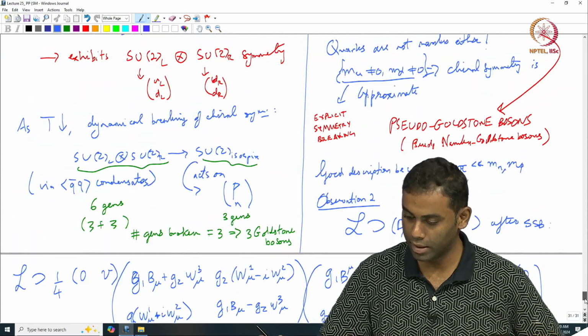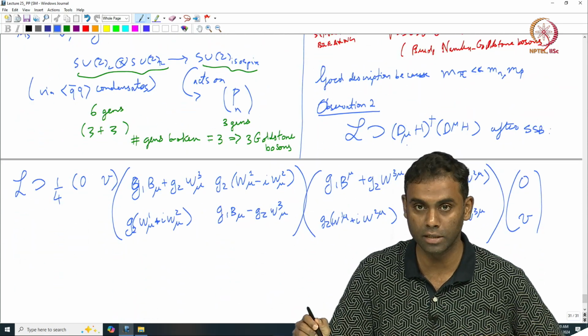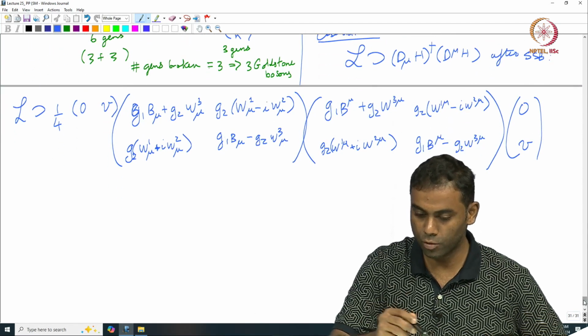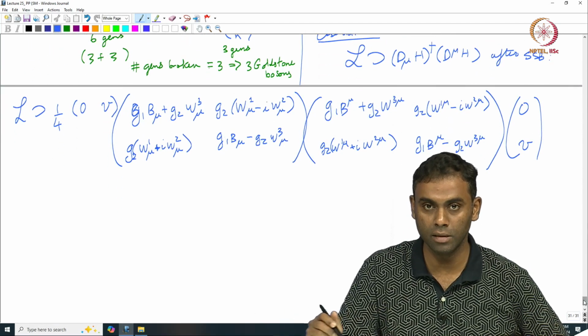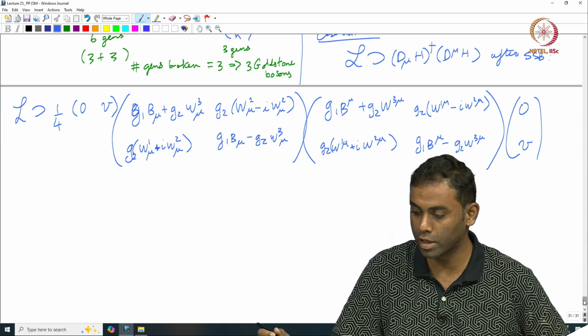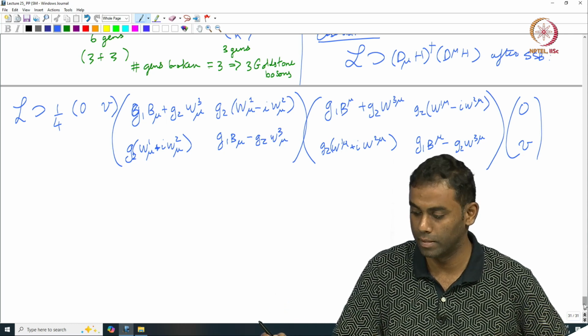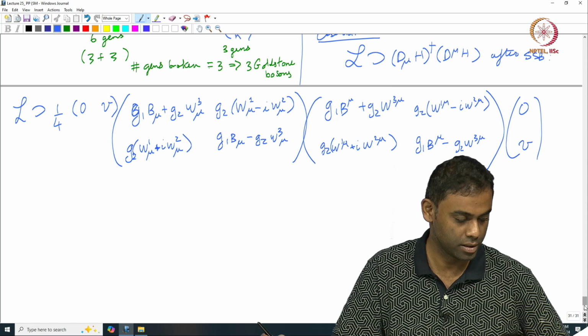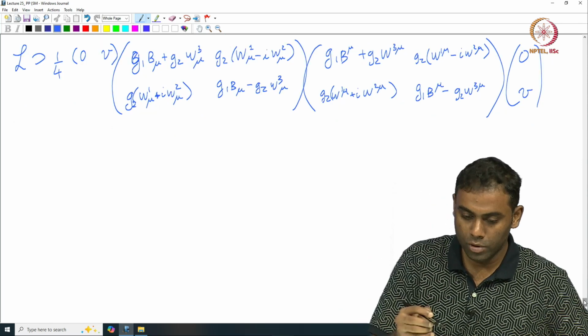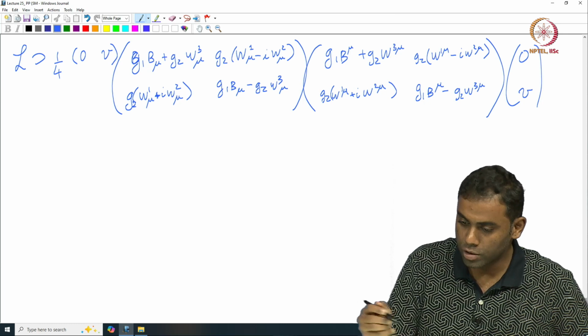So I have explicitly picked from the kinetic terms the terms that would end up giving me masses, basically terms that are quadratic. I am right now not writing the interactions of the small h field, the fluctuations. Now I am going to do something here.